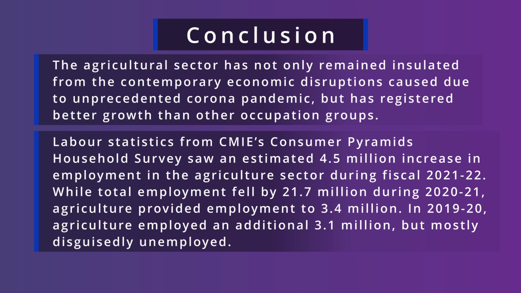The agricultural sector has shown some good prospect, where in the year 2019-20, the agricultural sector employed an additional 3.1 million new workers. Now, in most cases, these are workers who have migrated from the urban sector to the rural sector. There was a sort of reverse migration of workers during that lockdown time.